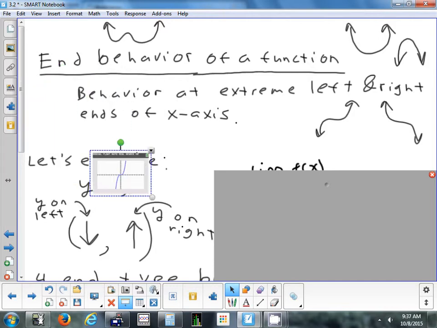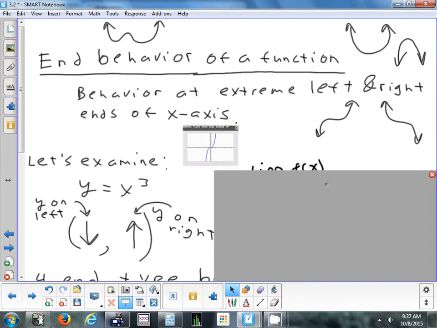So the behavior, what's basically happening here, on the left side of this function, it's heading down, and it's going to keep heading down forever. The y values on the right side are heading up. So basically what we're doing is describing the behavior on the left. What's happening to the y values? They're going down, and on the right, they're going up.